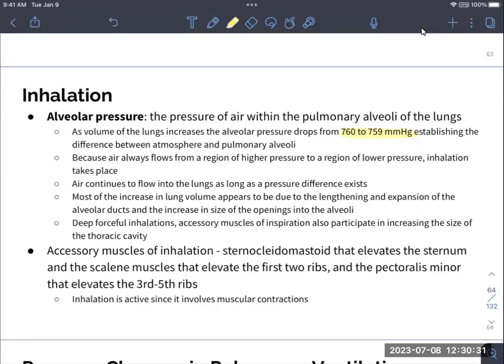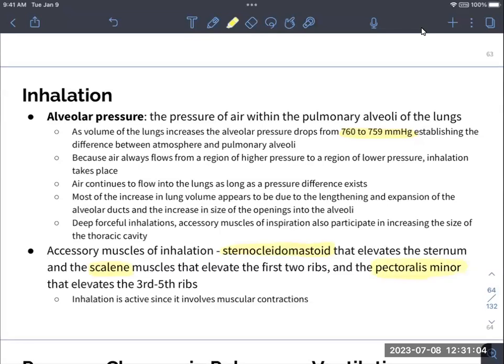So that increase in lung volume is because of that lengthening and expansion of those alveolar ducts and the increase in the size of the openings of the alveoli. If you were to forcefully take a deep breath in, we use different accessory muscles, that sternocleidomastoid, and those scalenes, even that pectoralis minor, to help lift even further.